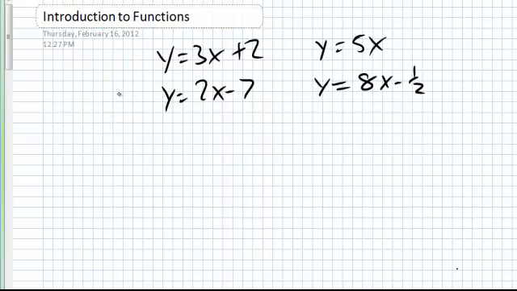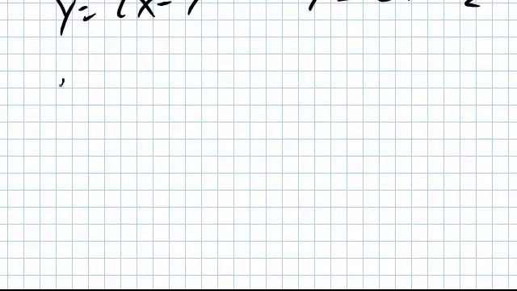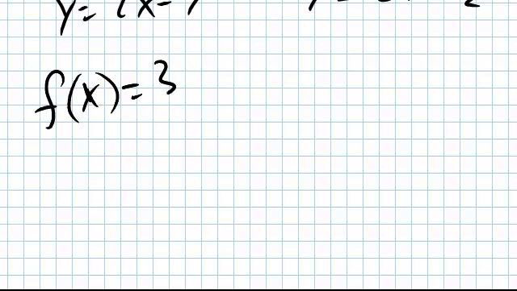So what mathematicians came up with is a naming system, a naming convention. And this name will take in part both the input and the output at the same time. So for this first equation, I might call the function f. My input is going to be x. So I say f of x equals 3x plus 2.